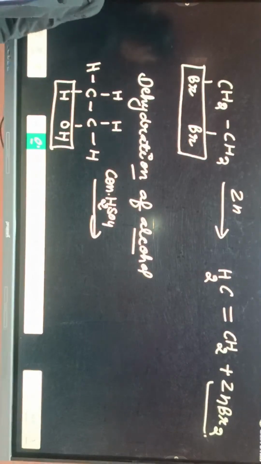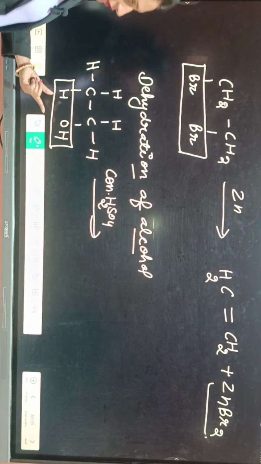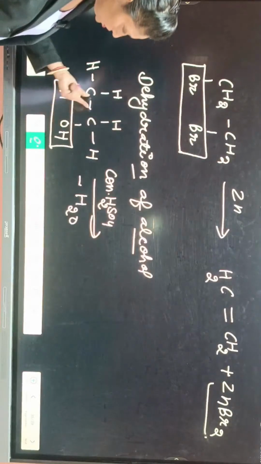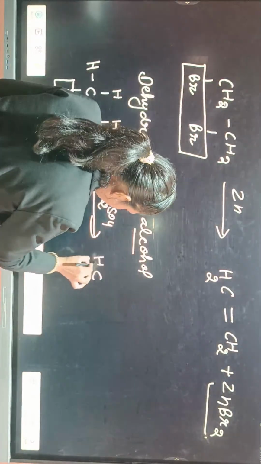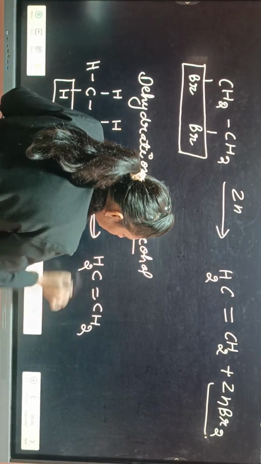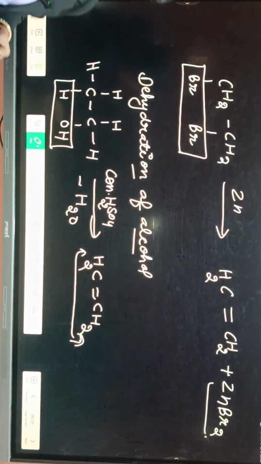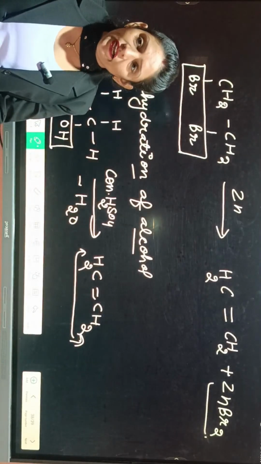De means removal, hydration means water. You can remove water. After removing water, what will happen? You put a double bond here: CH2=CH2. All reactions are of the same type. In this you are removing water, it is known as dehydration.